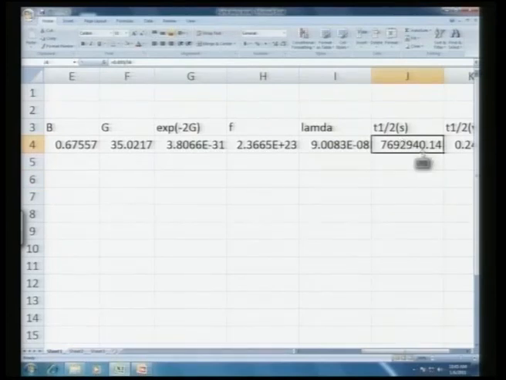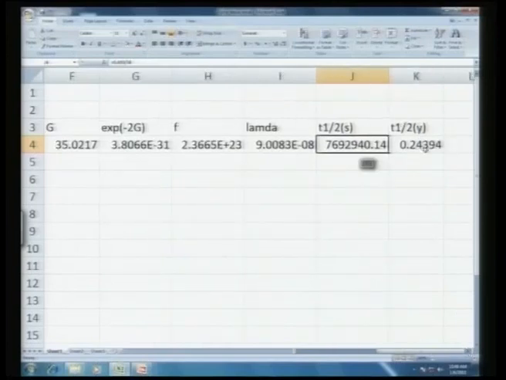Now, if you go by digits, it is 1, 2, 3, 4, 5, 6 digits. So, it is 7.7 into 10 power 6 seconds. It was 10 power 15 seconds when q was 4 MeV, and now it has come to this. If you convert it to years, it is 0.24 years.